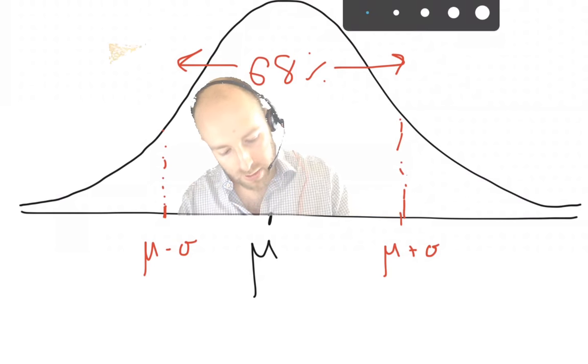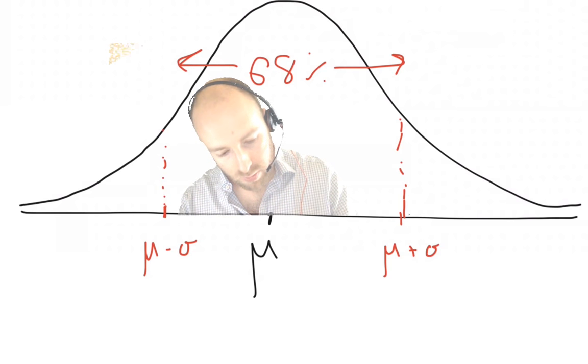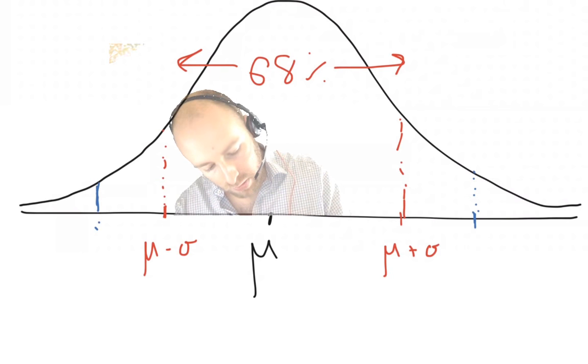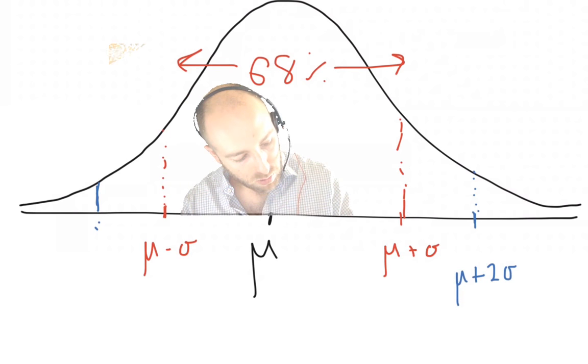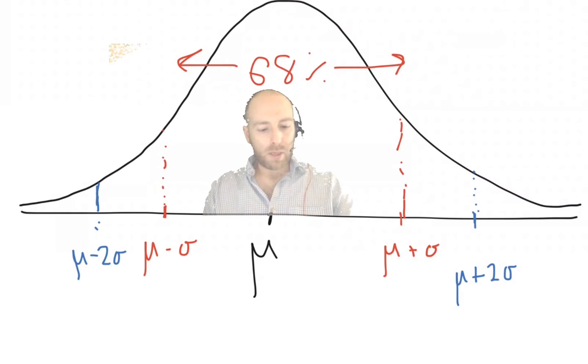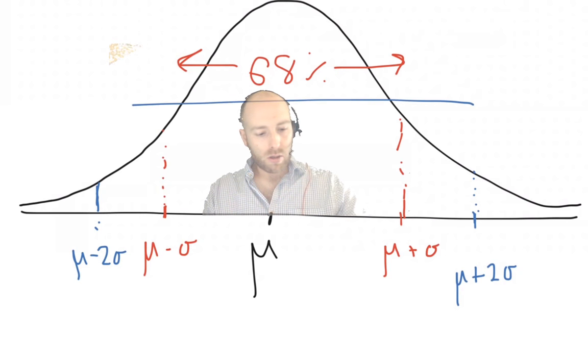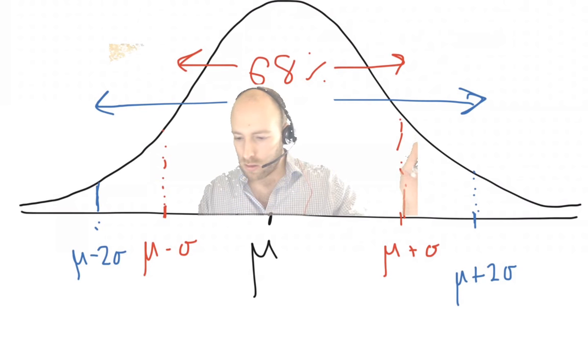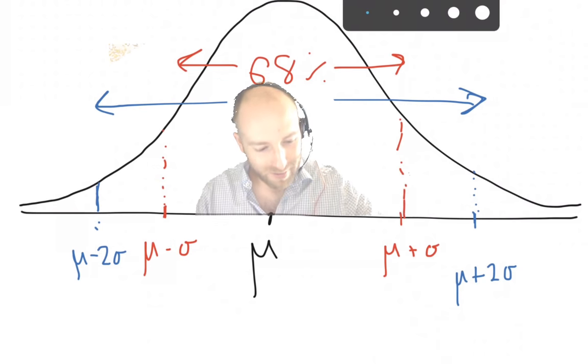Within 2 standard deviations, let's try and draw that on here as well. Mu plus 2 sigma and mu minus 2 sigma. Between those two, we have, what was it again? 95% of the data.